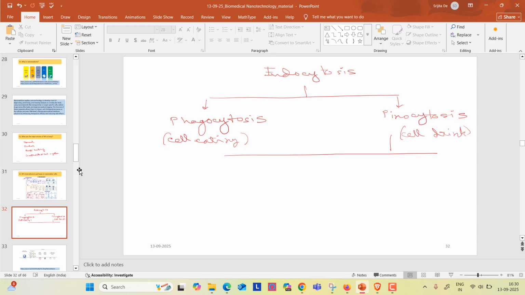Now this pinocytosis is again divided into four subsections. First one is macropinocytosis. Then comes the clathrin dependent pinocytosis.